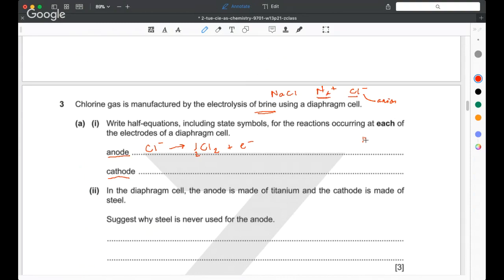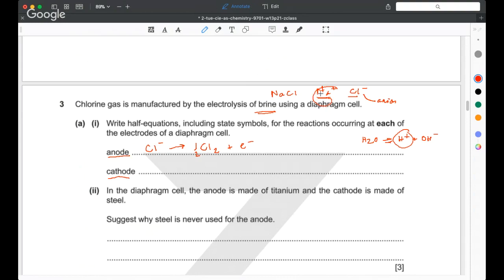But remember that water itself is partially ionized. So water itself is ionized into a hydrogen ion and a hydroxide ion. And so both of these, the sodium ion and the hydrogen ion, move towards the cathode. These are cations moving towards the cathode. And you just have to work out which one is going to be preferentially discharged at the cathode.